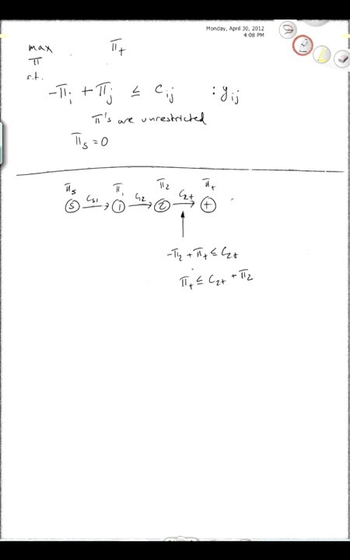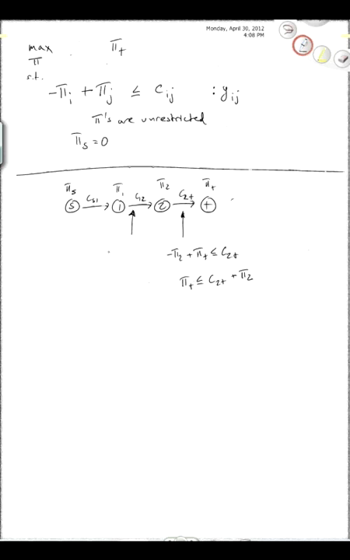So if we want to make pi t as big as possible, that means we should be trying to make pi 2 also as big as possible, because the bigger we can make pi 2, the bigger we can make pi t. And the thing that's going to stop us from making pi 2 as big as possible is a constraint that comes from this edge.